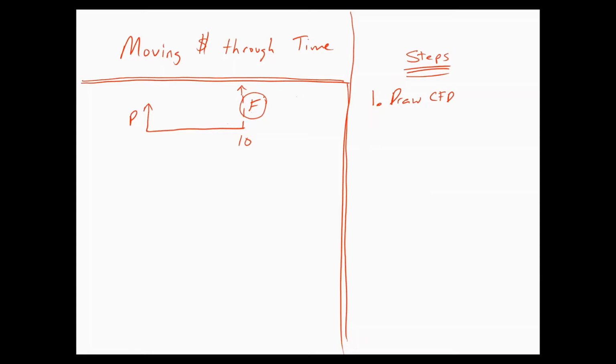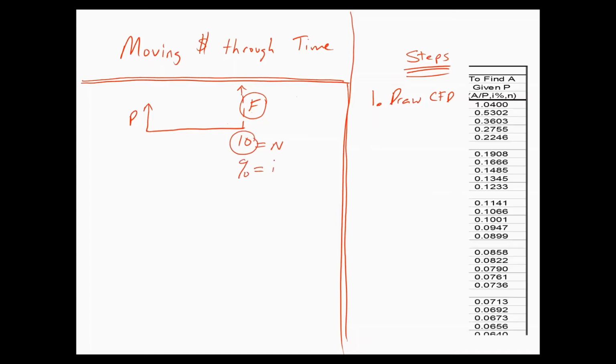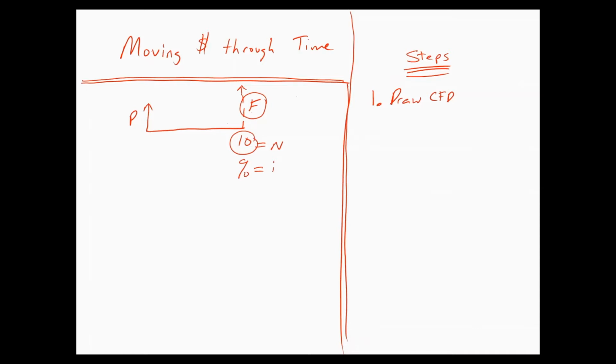If we know how many years, which is the N or number of payments, if we know how long we have the money, and if we know the percent interest rate, which we often call I, then we can estimate the F value. The nomenclature for this, often used in economic accounting, is that the thing we want to find is on the left, followed by this slash, which is not a division sign, it's just nomenclature.